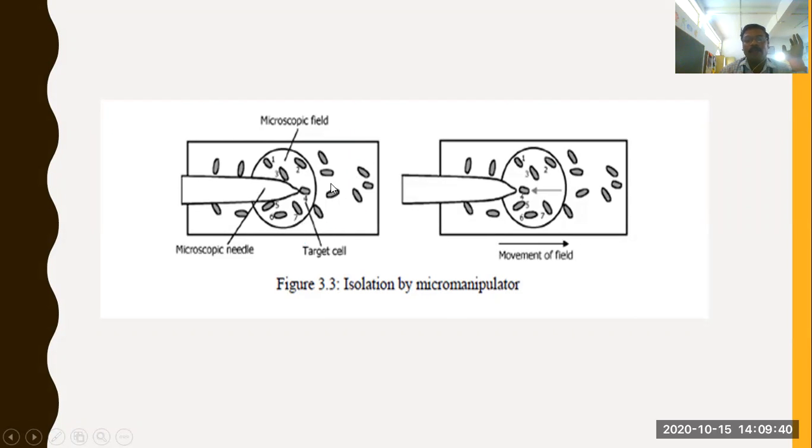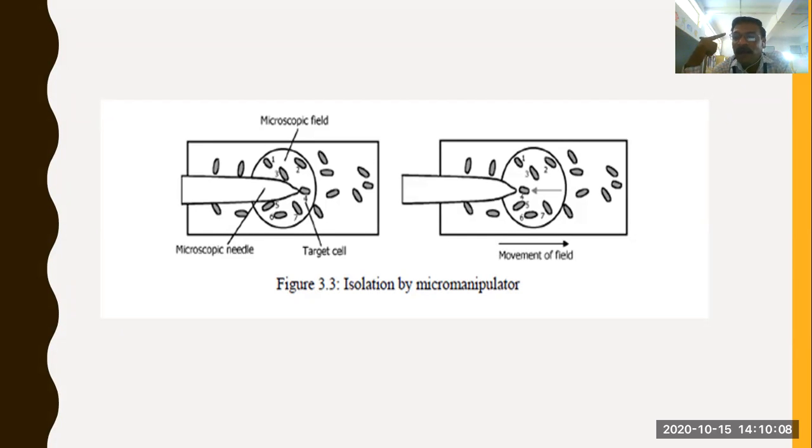Now this microscopic needle is linked with a certain pressure. You have to press out the pressure and suck. Because of the sucking, only one microorganism enters into the needle. This is known as the movement in the field because of the pressure.